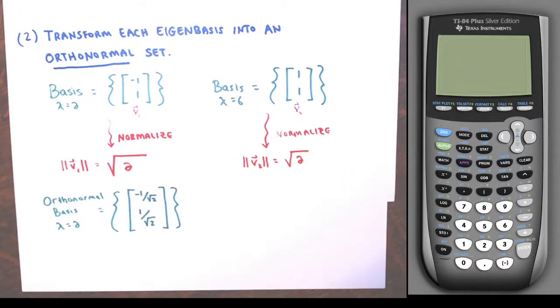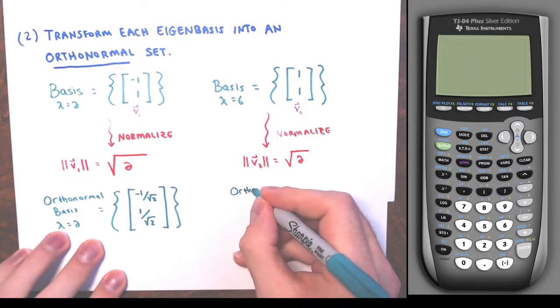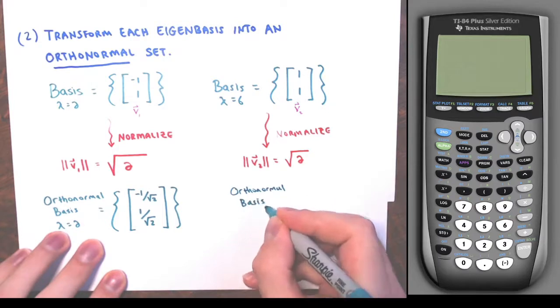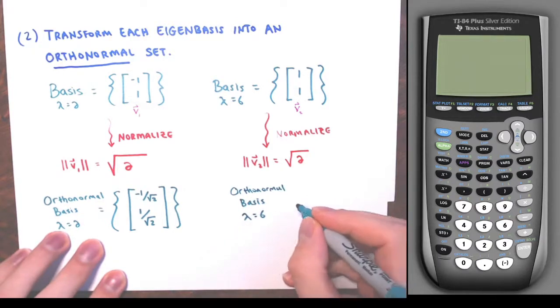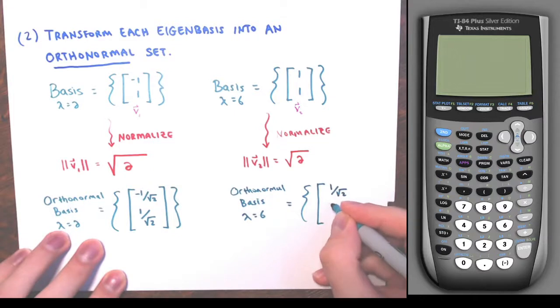So dividing that single vector by its norm, here is an orthonormal basis for the eigenspace when lambda was equal to 6. It would be the set with the vector 1 divided by the square root of 2, 1 divided by the square root of 2.